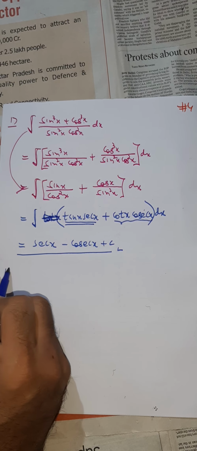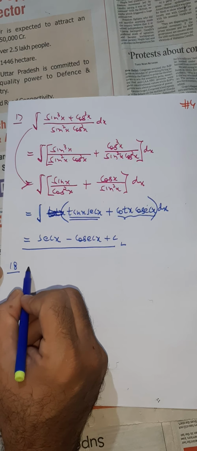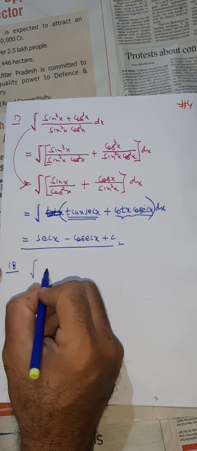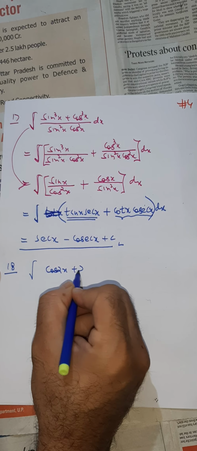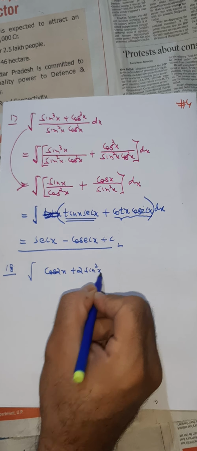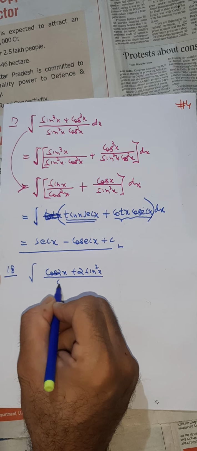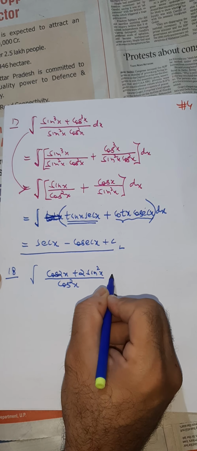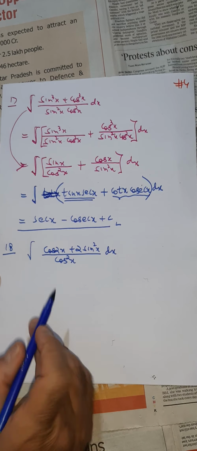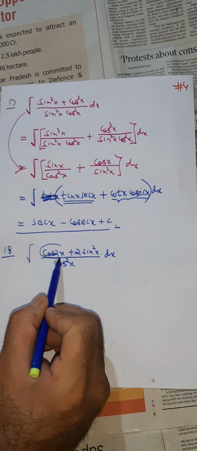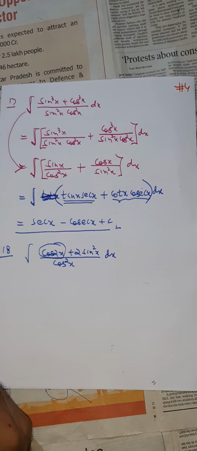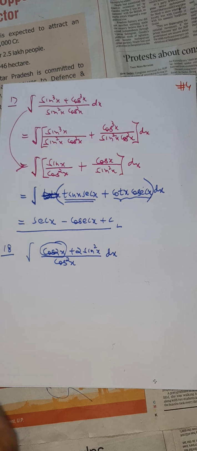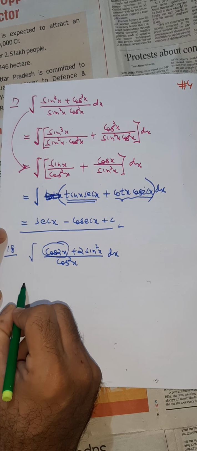Question number 18. Here we have cos 2x plus twice sin square x upon cos square x. Obviously we do individual division, but before that we need to use the formula of cos 2x in terms of x. So there are three formulas. Let me use this.